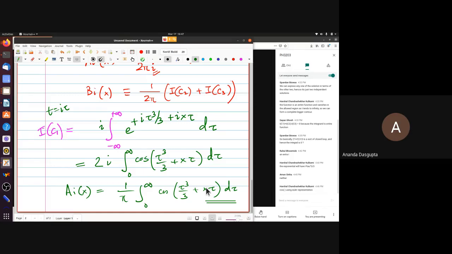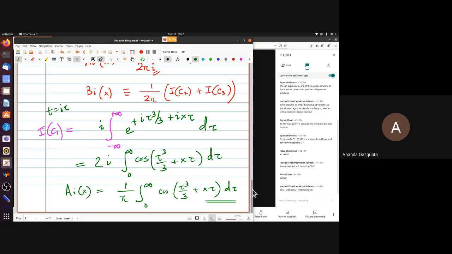So the point I'm trying to make is that the choice of 1 by 2 pi i as a multiplying factor for Ai is not accidental. It has been done deliberately so that you end up with a real valued function for real arguments. You can easily convince yourselves that the definition for Bi(x) without the i also gives you a function which is real for real values of x, following exactly the same procedure, except for one thing.